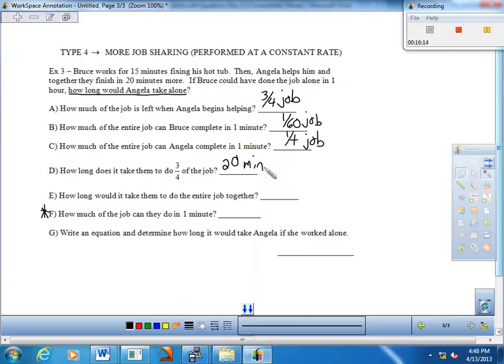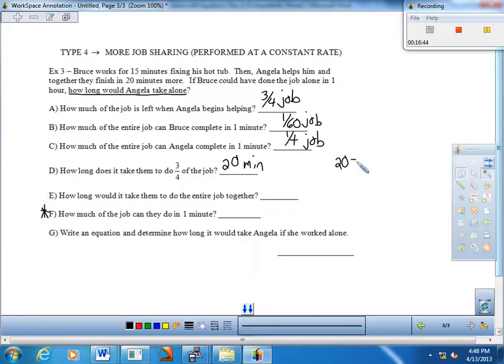Now here's a little preliminary equation that's coming our way, guys. If we're going to figure out how much they can do in a minute together, we should probably figure out letter E. How long would it take them to do the entire job together? So let's use letter D to come up with letter E. So 20 minutes was 3/4 of the time that it takes for them to do the entire job.